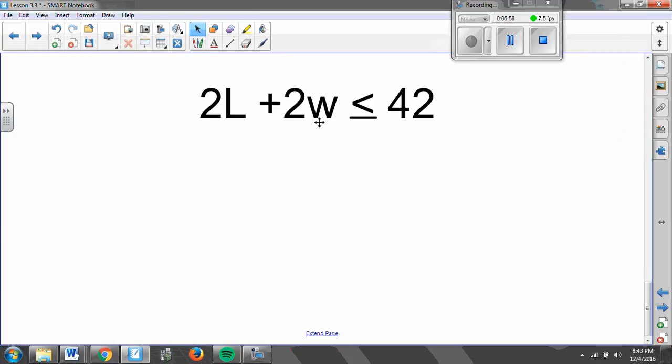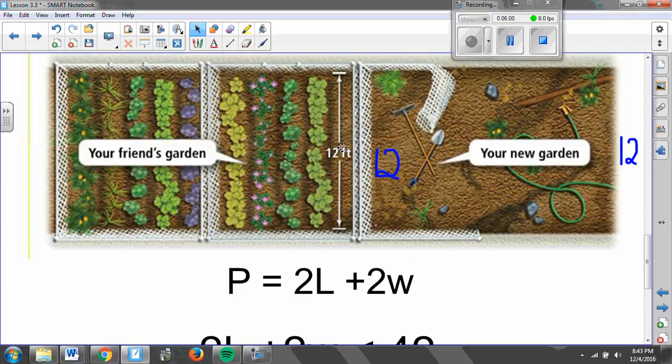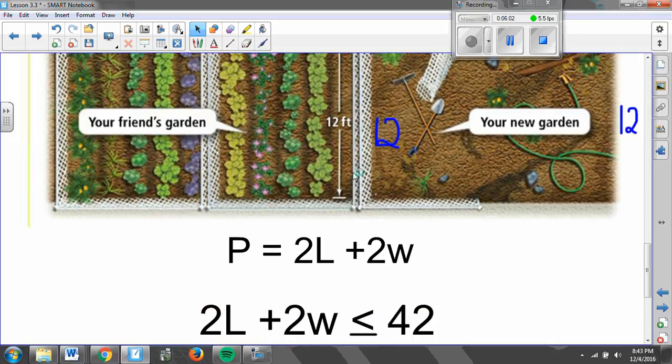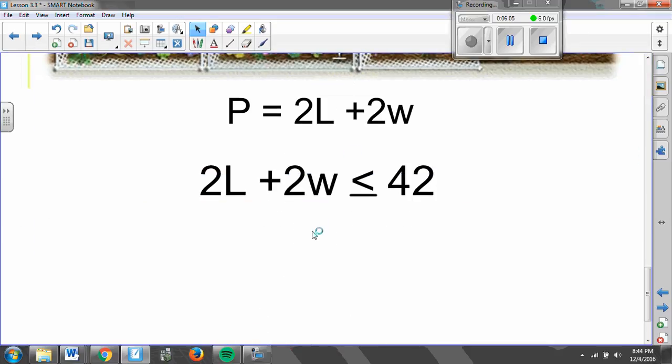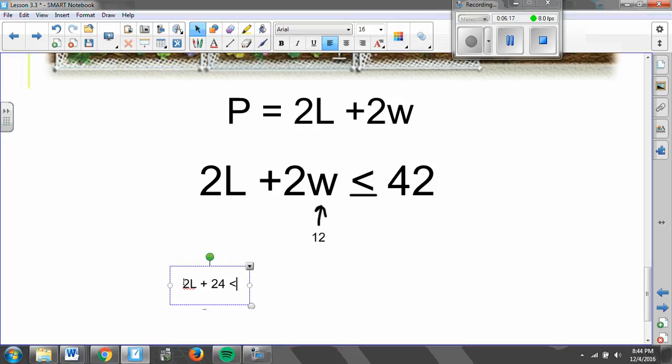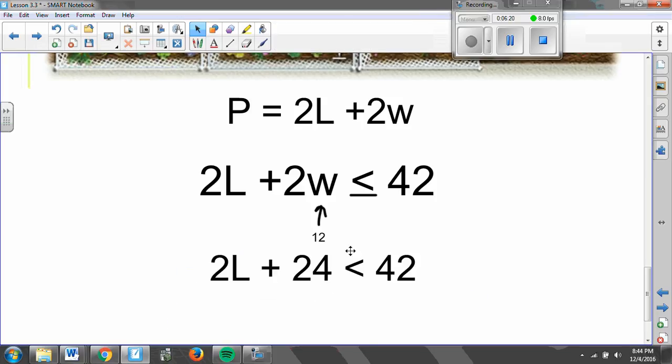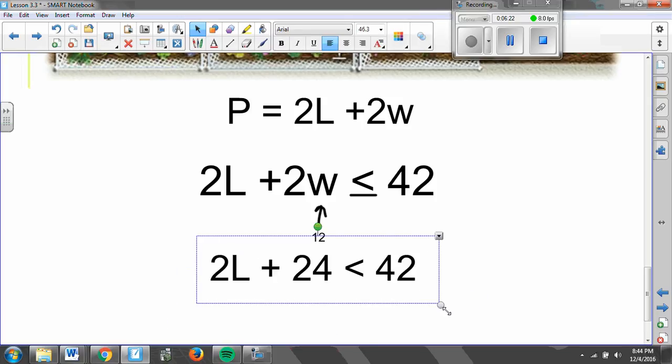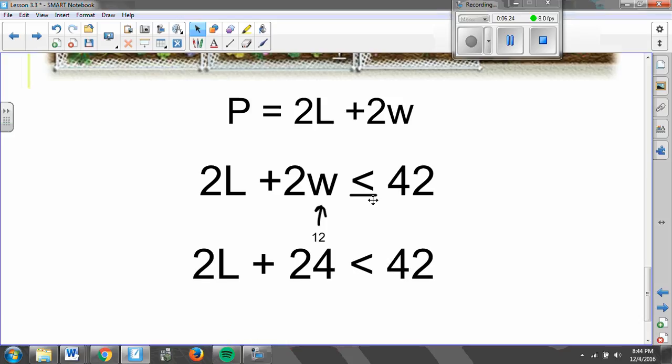Now the nice thing is I know the width is 12, because my friend's garden is 12 and mine's going to be right next to his. So I'm going to put a 12 in for the W. I'll end up with 2 times L plus 2 times 12, which is 24, is less than or equal to 42. And now this is definitely a two-step inequality that we can solve.